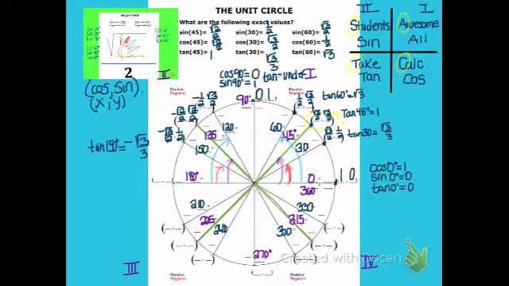The one for 135 is the same as the one for 45, but it's got to be a negative, so it is -1. And then that's going to leave the tangent of 120 degrees to be negative square root of 3.